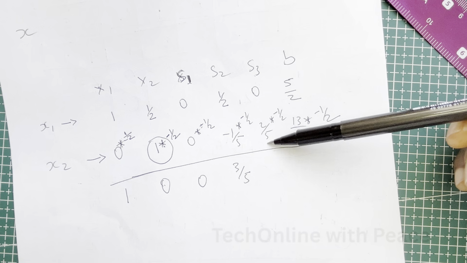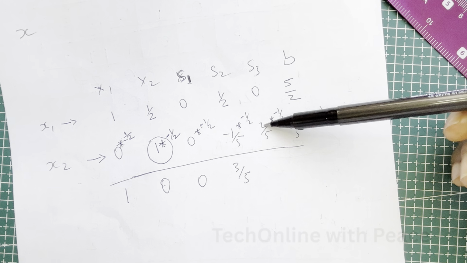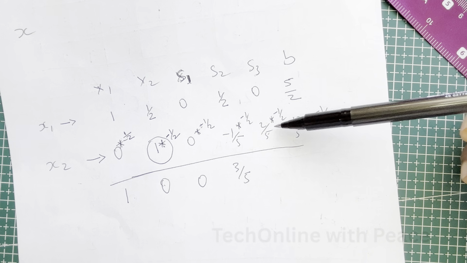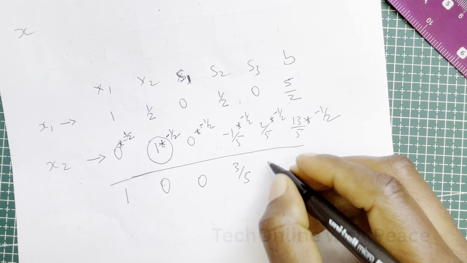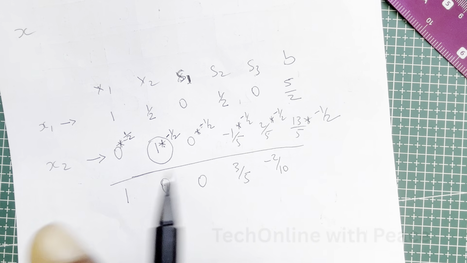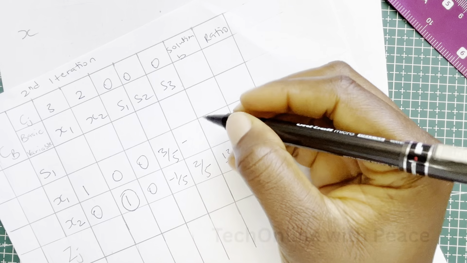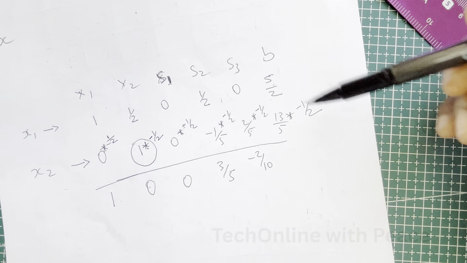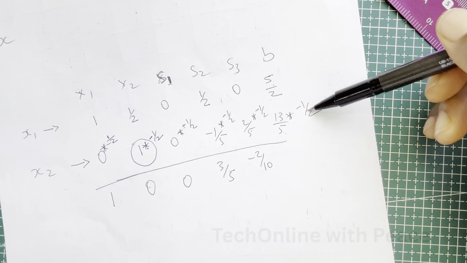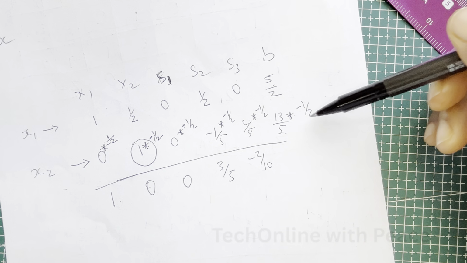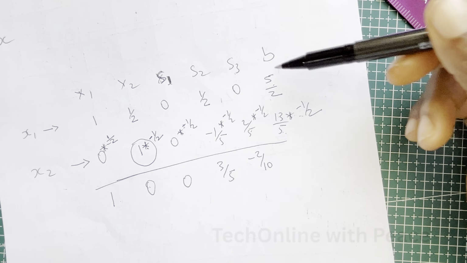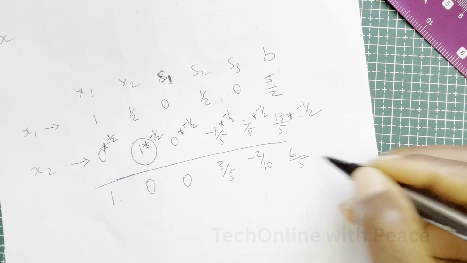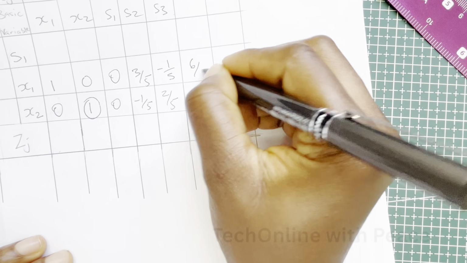So for this row, we have minus 1/2 times 2/5 will give us minus 2/10. 0 minus 2/10 will give us minus 2/10, which is minus 1/5. The same thing applies to this. 13/5 times minus 1/2 will give us minus 13/10. So minus 13/10 plus 5/2 will give us 6/5. So here we have 6/5.